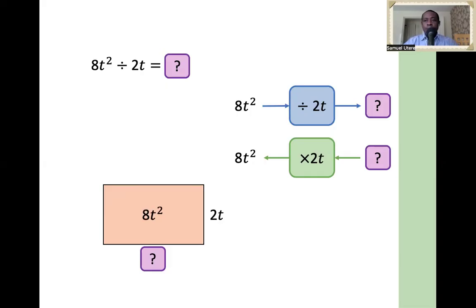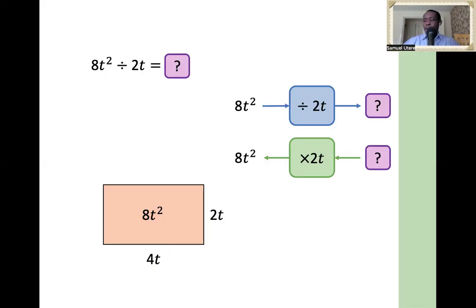Now, if I multiply 2t times 4, I will get 8t. But that is not exactly what I want. I want 8t squared. So to get from 8t to 8t squared, I have to multiply by t. So the actual answer is 4t.